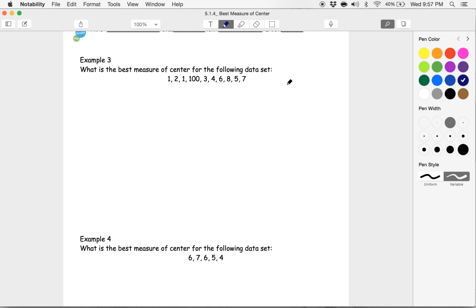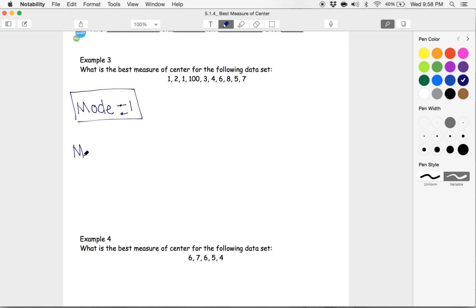When you look at this data, what stands out to you? I'm going to solve all of these pieces anyways, but I want you to keep thinking what stands out. Mode. Are there any repeats? Well, yes, there is. Your mode is a 1.